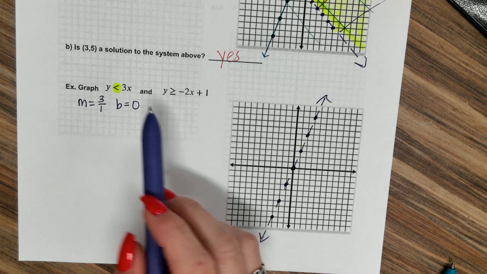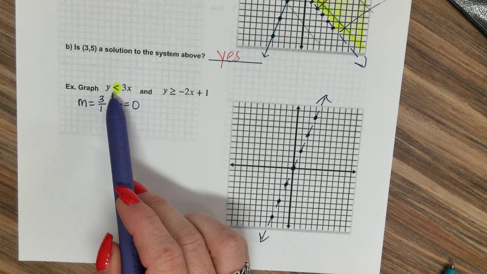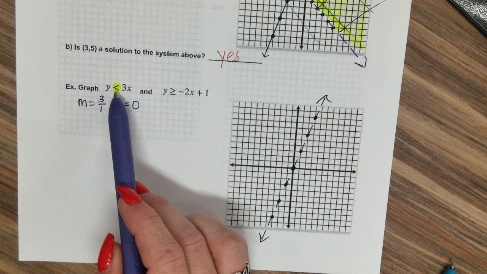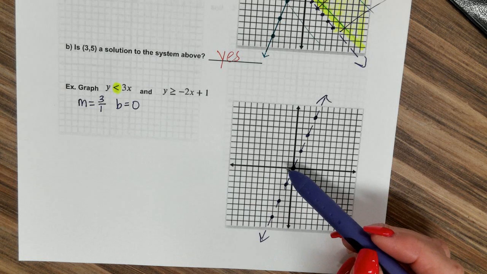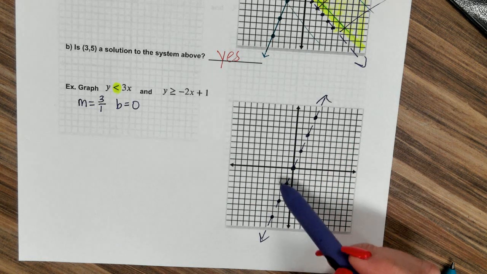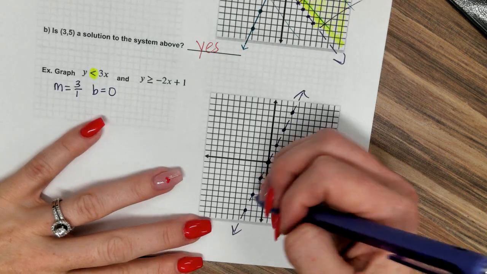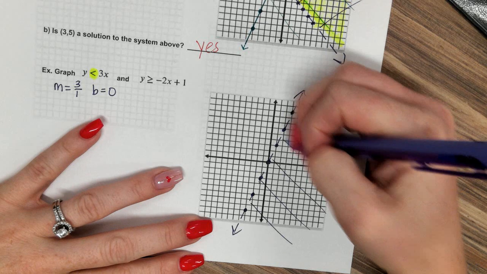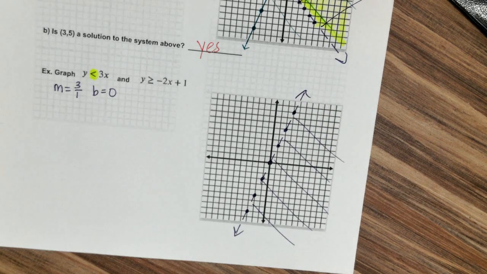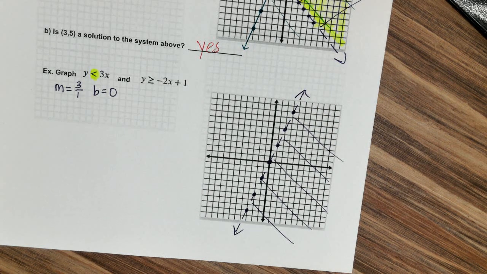Now let's look at the sign. What kind of sign is this? Less than. So go to the line, and for less than, how would you go down to the ground? Could I get to the ground from this side? No. Could I get to the ground from this side? Yes. So this is the way I would shade. And remember, you're only going to put a few lines because you're looking for the overlap.